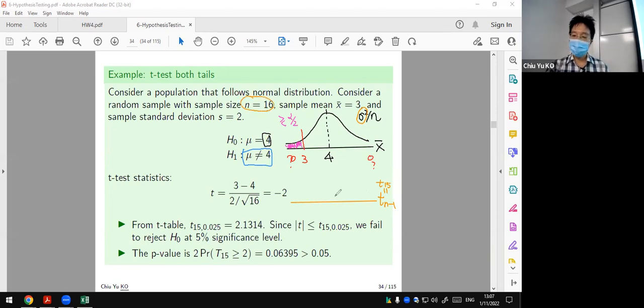The conversion is just this formula: you subtract the mean over the standard error. So 3 actually converts to -2.